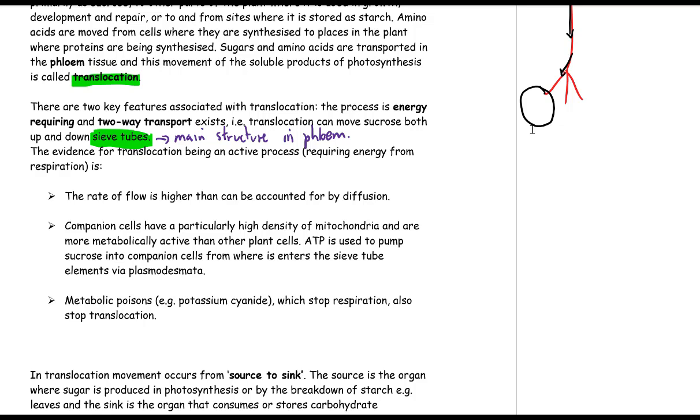So the companion cells contain lots of mitochondria, they create lots of ATP, and they pump the sucrose from the companion cells into the sieve tube elements. As well as that, metabolic poisons, for example potassium cyanide, stop respiration, so they also stop translocation. So basically, if there's no respiration taking place, there's no translocation.